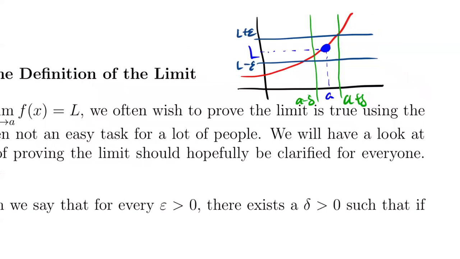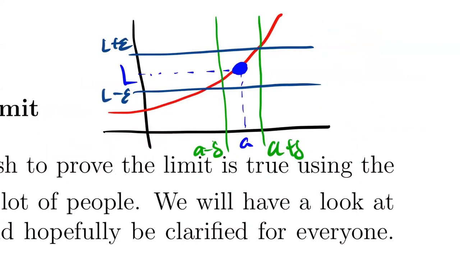So over here, as we make delta arbitrarily smaller, so as we get closer and closer to a, that means the value of the L plus epsilon should be getting closer to the limit here, that is over here. So as we get closer to the limit here, these lines should also get closer to this point over here.